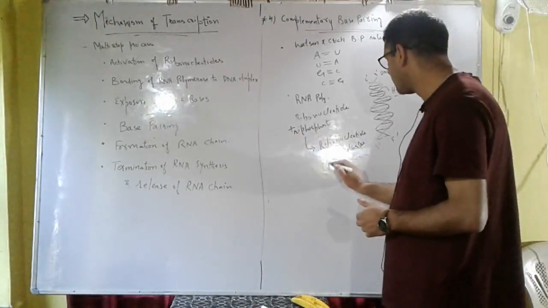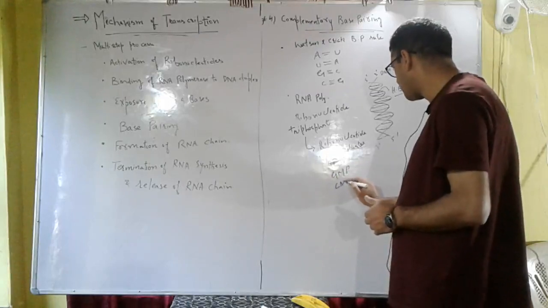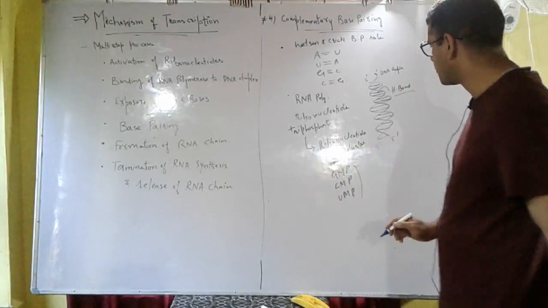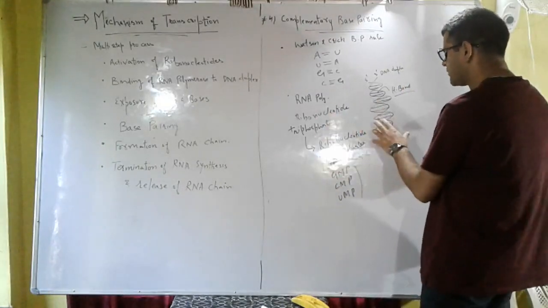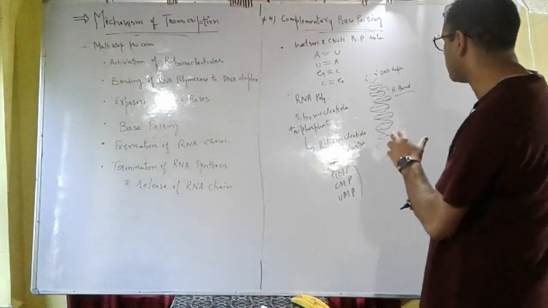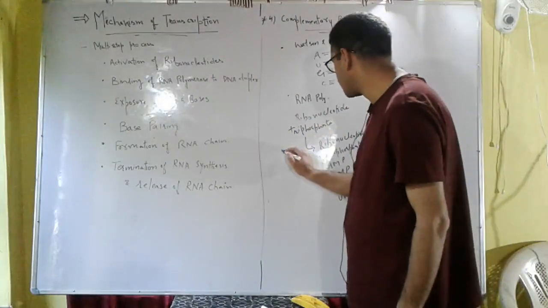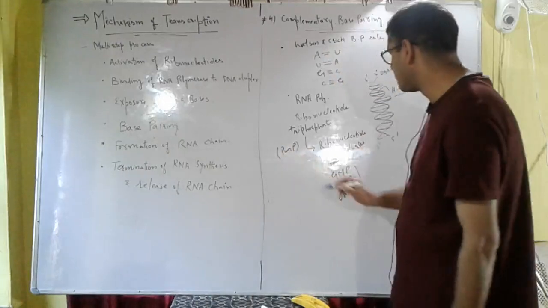For example, we have adenosine monophosphate, guanosine monophosphate, cytidine monophosphate, uridine monophosphate, because these ribonucleotide monophosphates are the actual substrates for the RNA. They are the actual building blocks of the RNA. So actually this ribonucleotide triphosphate releases the pyrophosphate group.